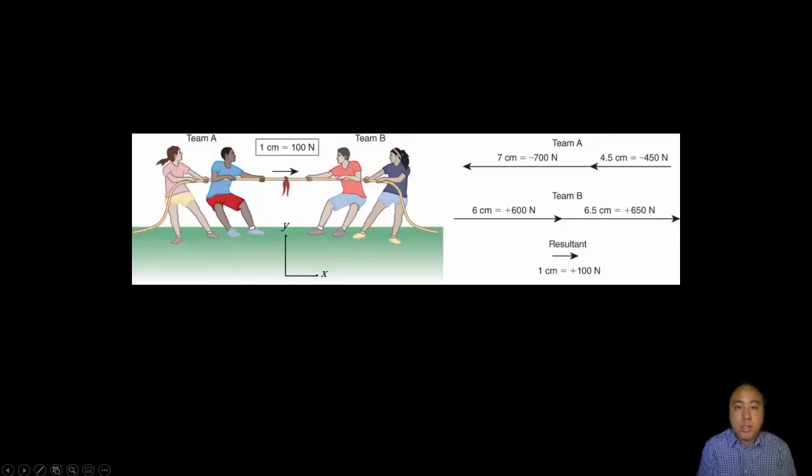So if you were to sum everything up, you would get a net or resultant force of positive 100 newtons. And so this is 100 newtons pointed in the positive x direction, or if you're looking at the screen, towards the right.